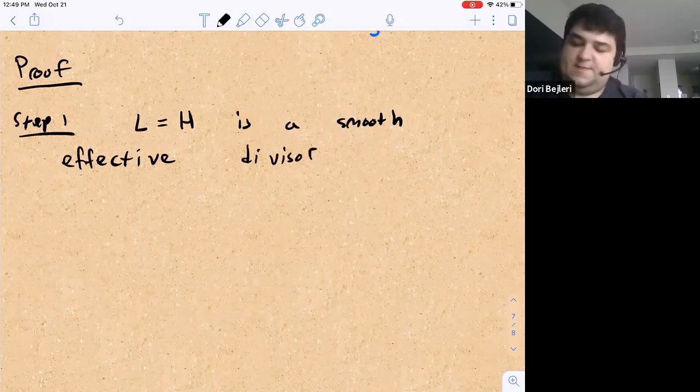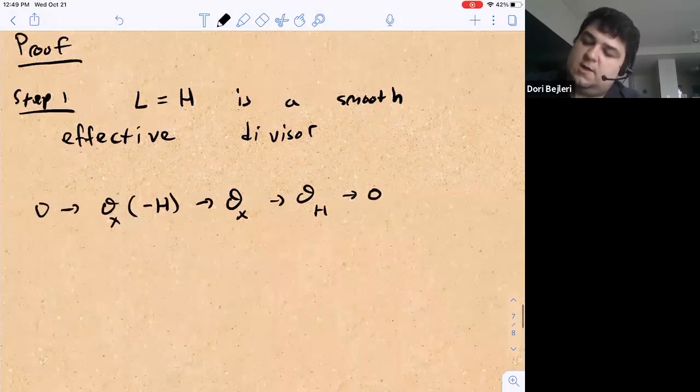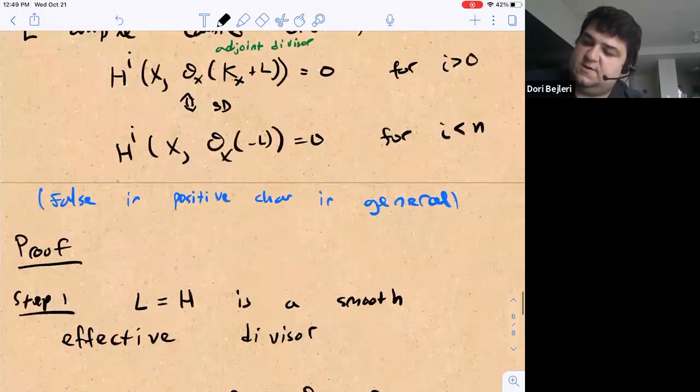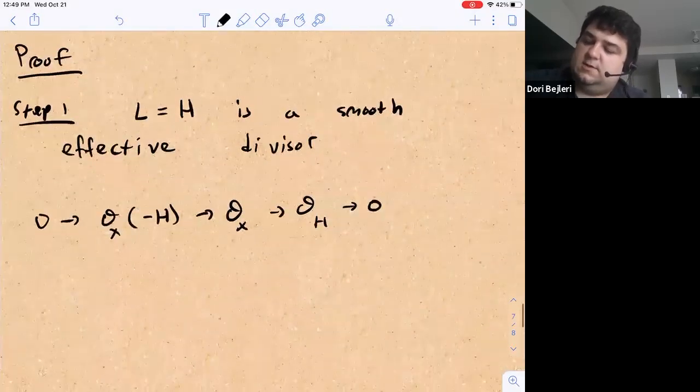So in this case, we have the standard ideal sequence. And now we can take cohomology, and so we're going to prove this Serre dual version where we want to show that H^i is 0 for all i less than the dimension. So we'll take cohomology.